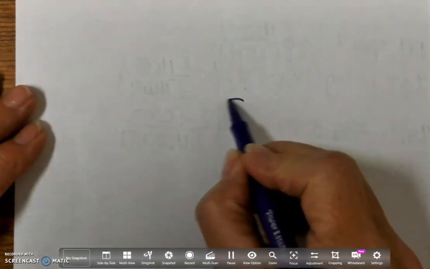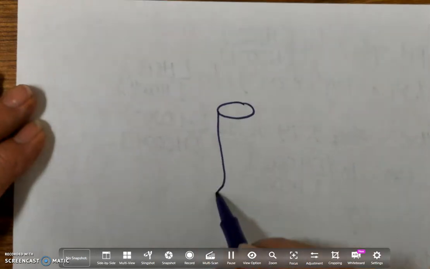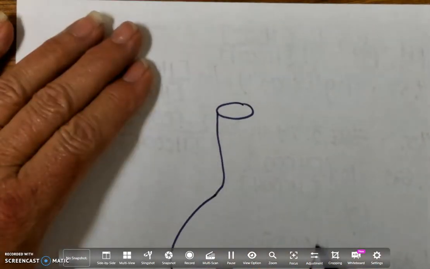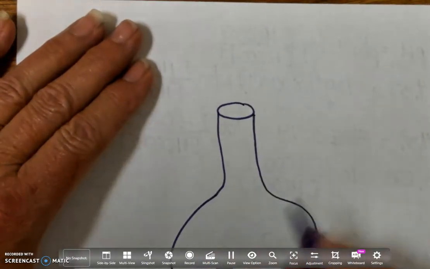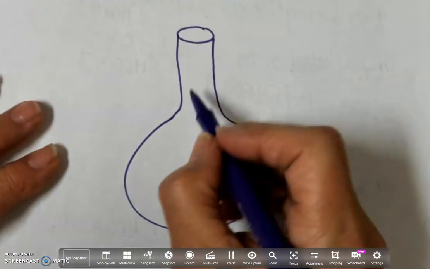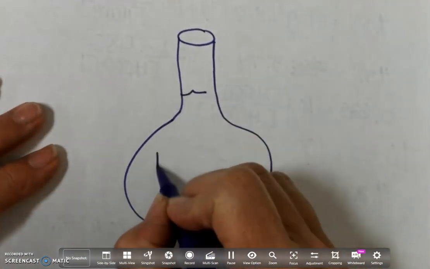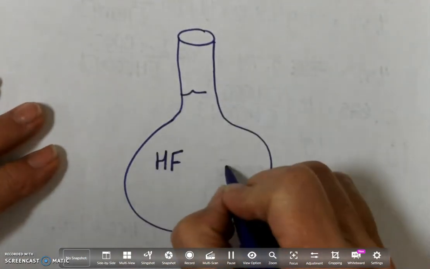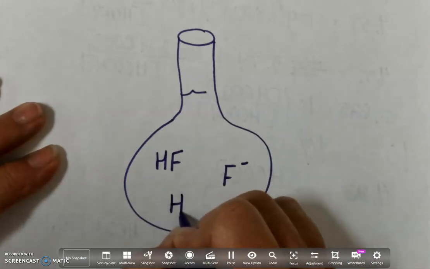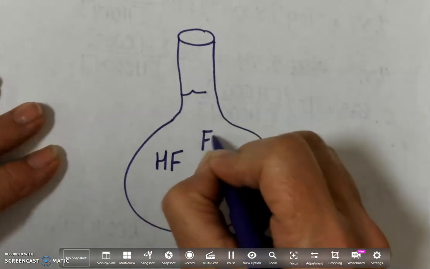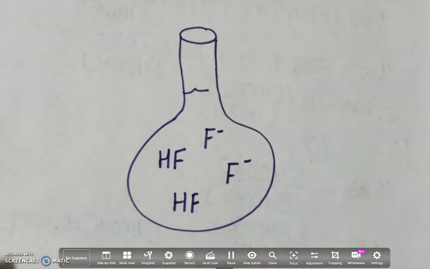So for the students, I drew a picture. I've got this flask, and I made a buffer, and I've got a little bit of HF in here, and I've got some F minuses in here. That's my buffered solution.